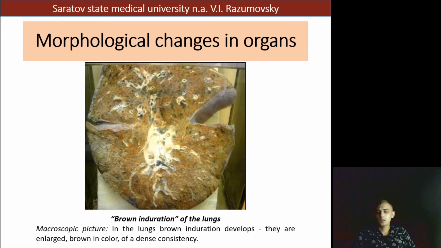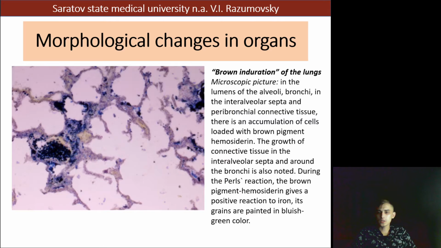In lungs, macroscopically you may find rusty color or brown color of this organ, and lung will be enlarged and have dense consistency. Microscopically you will find granules of hemosiderin in parenchyma of this organ.